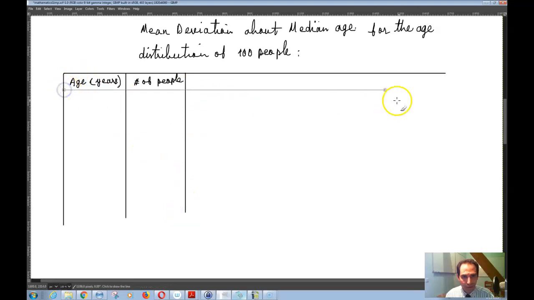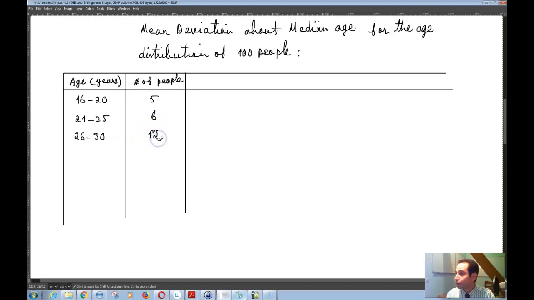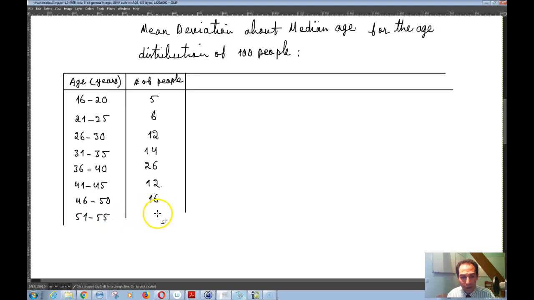Your classes are 16 to 20, which is 5; 21 to 25, which is 6; 26 to 30, which is 12; 31 to 35, which is 14; 36 to 40, which is 26; 41 to 45, which is 12; 46 to 50, which is 16; and 51 to 55, which is 9. Okay.